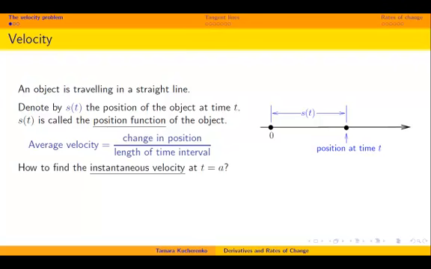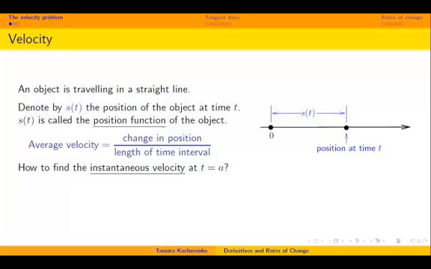The question is how to compute the instantaneous velocity at a particular point in time t equals a. Unlike the average velocity, we cannot define instantaneous velocity as a ratio, because we would have to divide by the length of the time interval, which is 0.